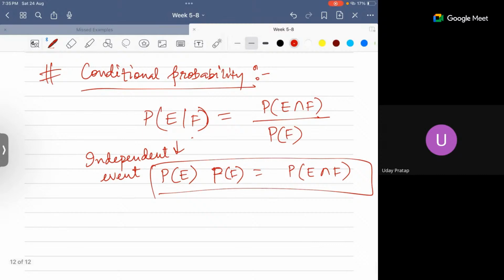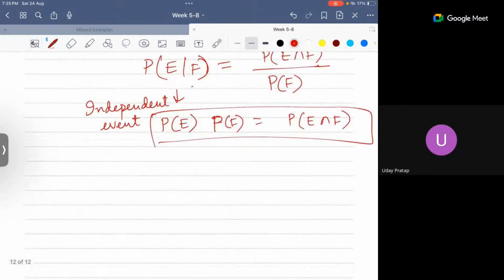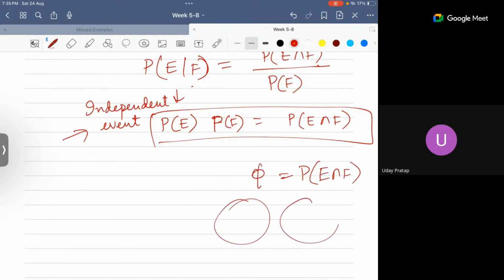And what was the case for the disjoint sets? For disjoint, the intersection will be phi, correct? There won't be any intersection, because there was nothing common in between. So this was the E event and this was F. Is this clear? Yes, sir.